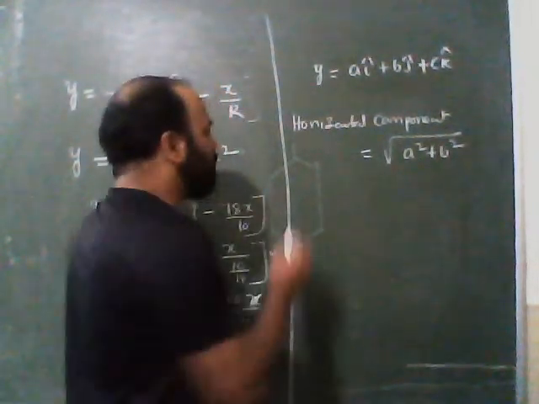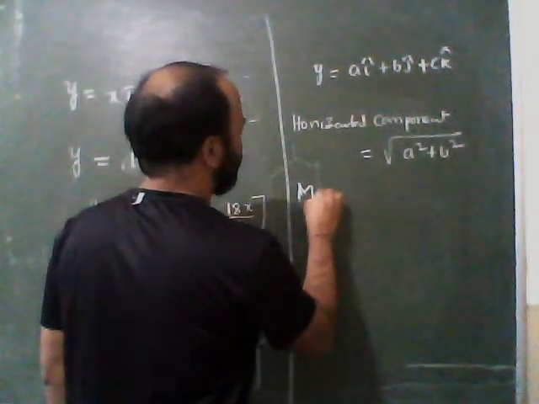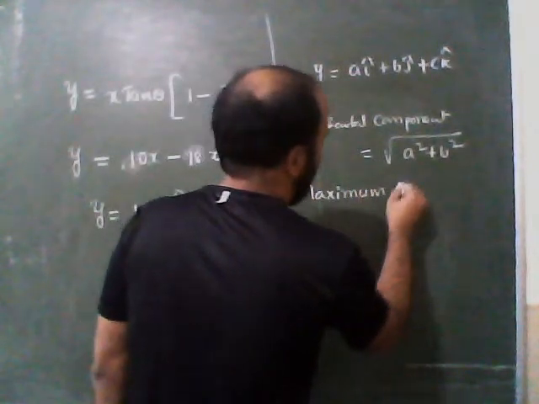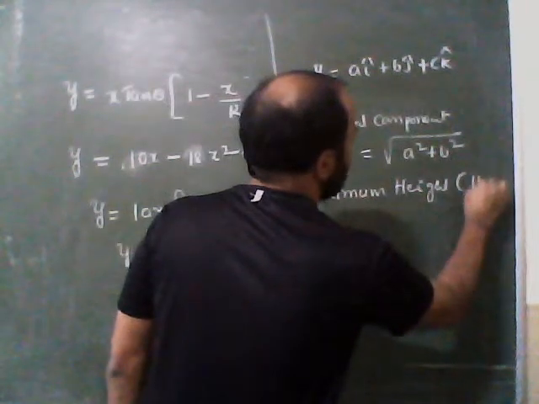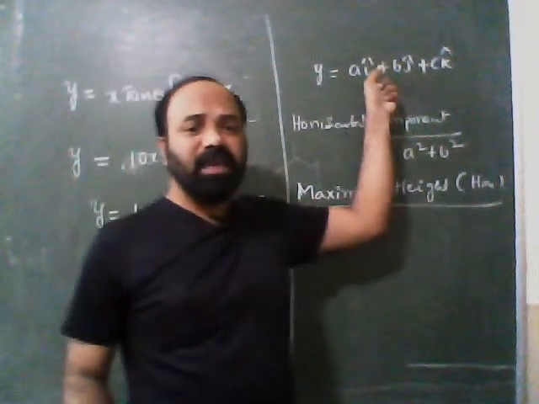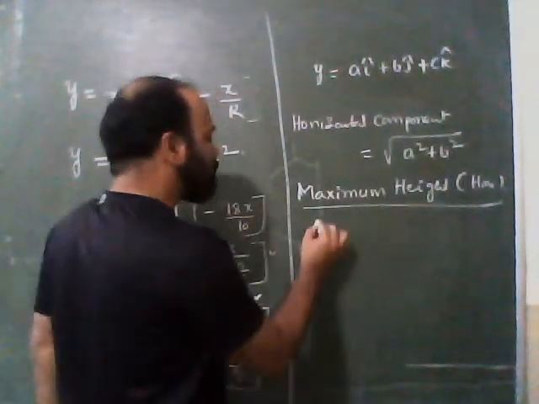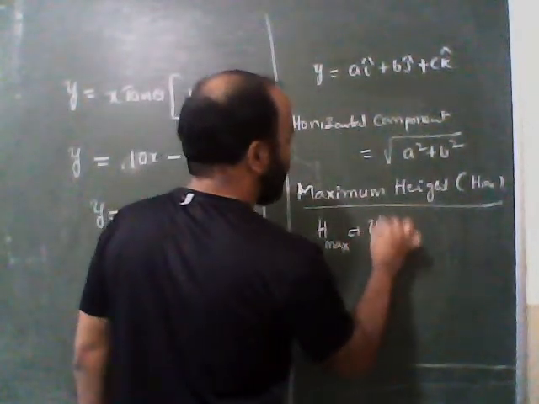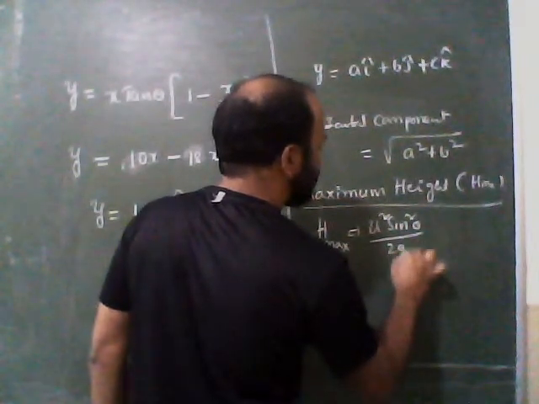In this problem, they ask what is the range, what is the maximum height. H maximum, if they ask. The problem is like this: ai cap plus bj cap plus ck cap. For the maximum height formula, in the previous class we derived u square sine square theta by 2g.